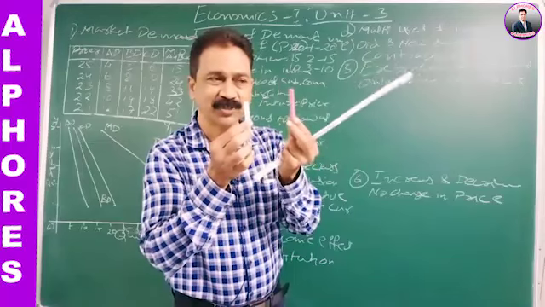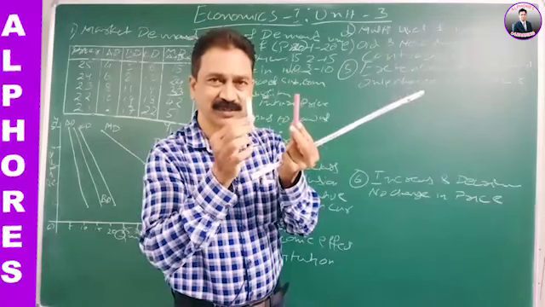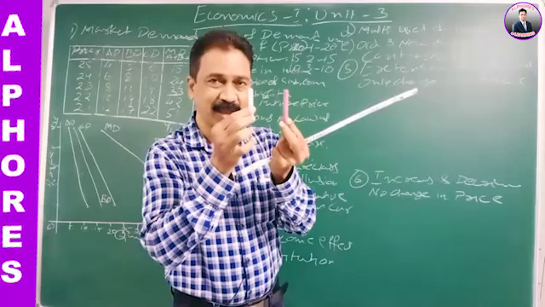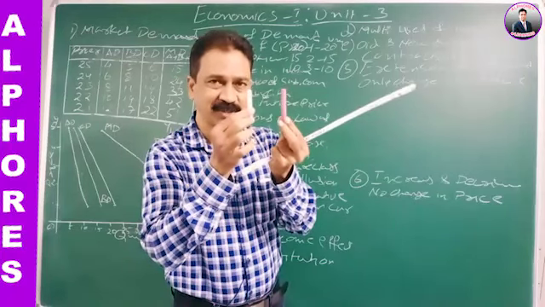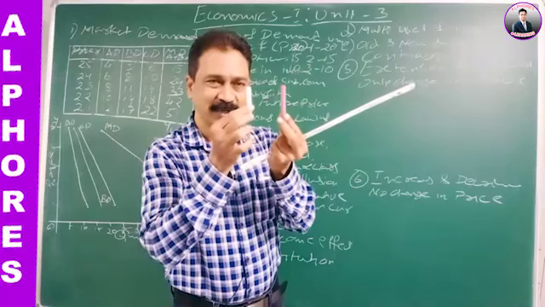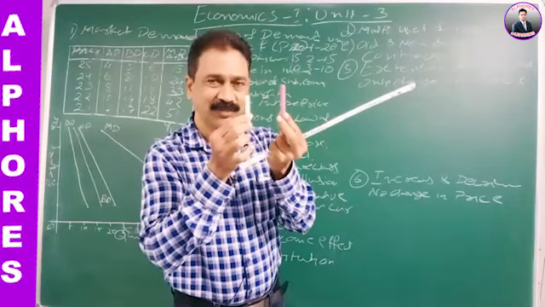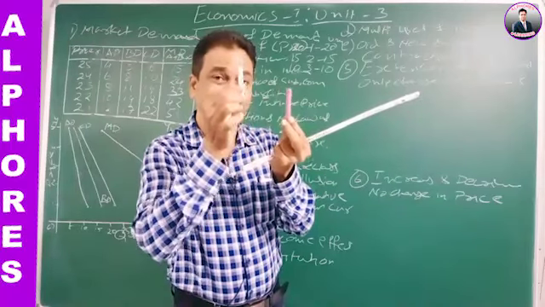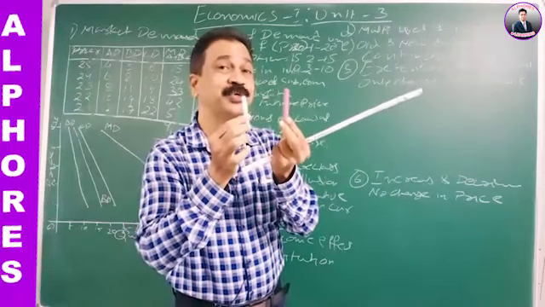Automatically, if you are purchasing this, you will stop purchasing this and you will purchase this because its price has decreased. Previously they were of the same price, and this price is constant, it did not change, but the price of this commodity decreased. Then automatically you prefer to purchase this. Demand for this commodity increases because price decreased. This is the substitution effect.